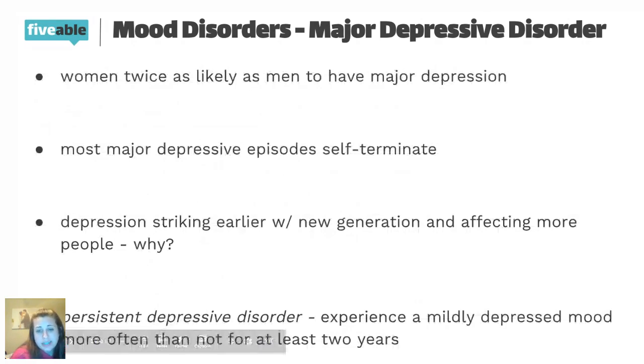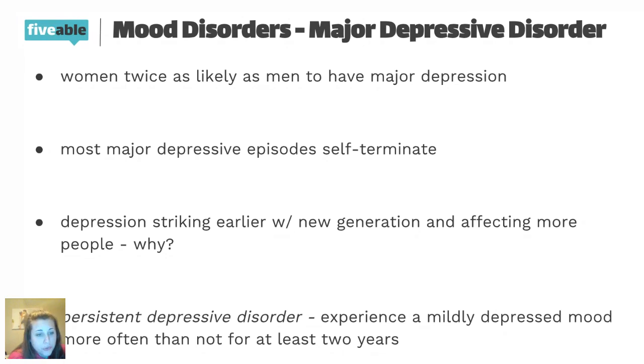We also are seeing a change in how and when depression strikes. It's striking earlier and affecting people your age more and more, and even younger, middle schoolers, elementary school kids. There could be a variety of factors there: changing social norms, social media, the internet. This constant bombardment of different messages and media can really be stressful at times.